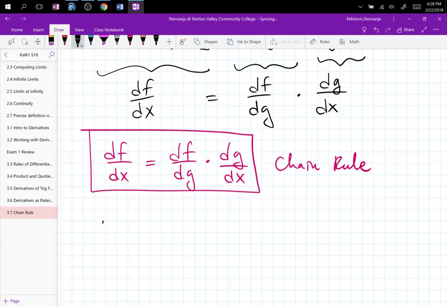How about the derivative of 1 over the 4th root of x squared plus 3? We need to decompose.